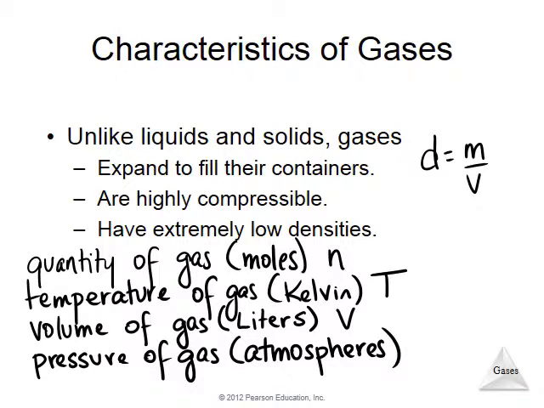It's not the only unit that we use for pressure, so I'm going to introduce you to some of the other units, and we're going to look at some conversions between them. Those 4 quantities are what we're going to work with to start. Let's talk a little bit about pressure and show you some ways to move between units of pressure, and then we'll talk about some things called the empirical gas laws.